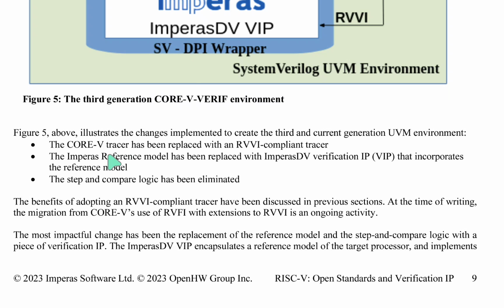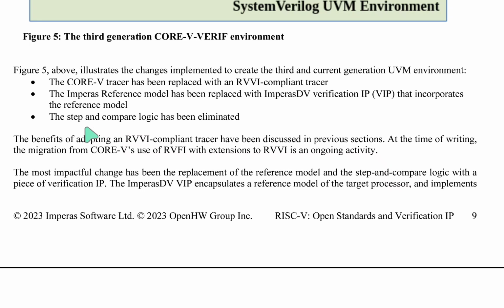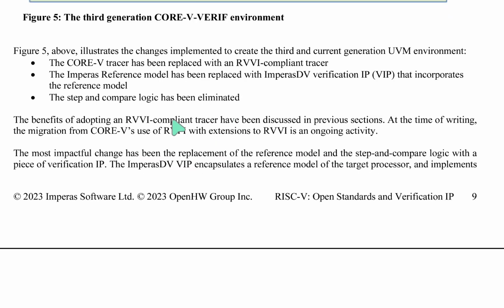The CORE-V tracer has been replaced with the RVVI-compliant tracer, and the Imperas reference model has been replaced with the ImperasDV verification VIP that incorporates the reference model, so that the step-and-compare logic has been eliminated. The benefits of adopting the RVVI-compliant tracer have been discussed in the previous sections. At the time of writing, the migration from CORE-V's use of the RVFI with extensions to RVVI is an ongoing activity.